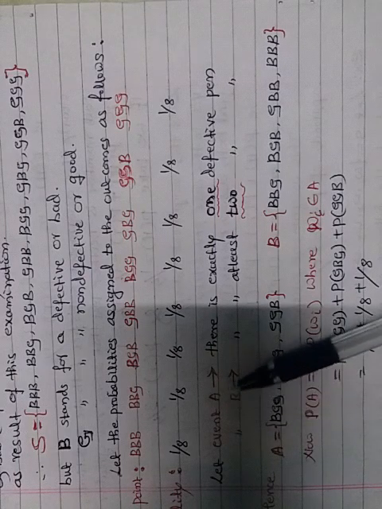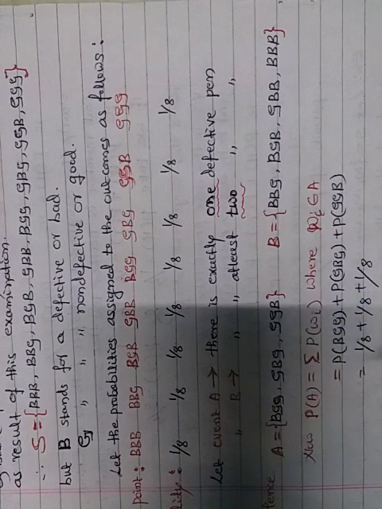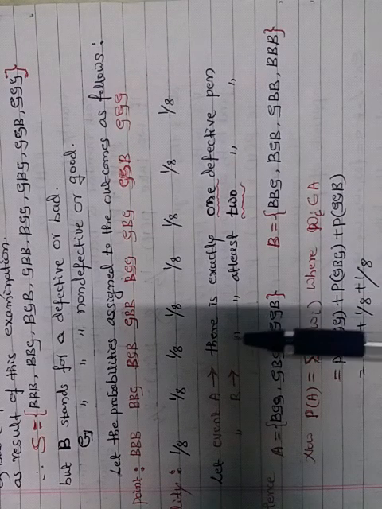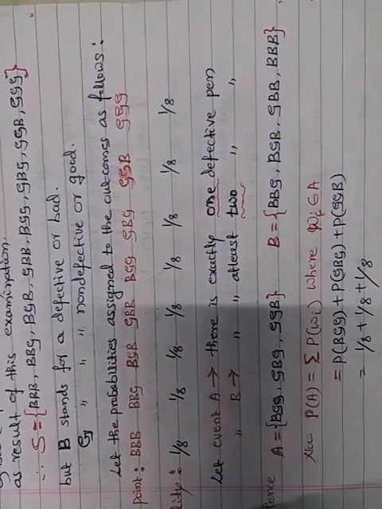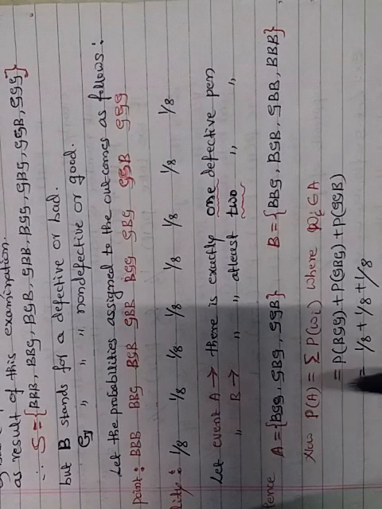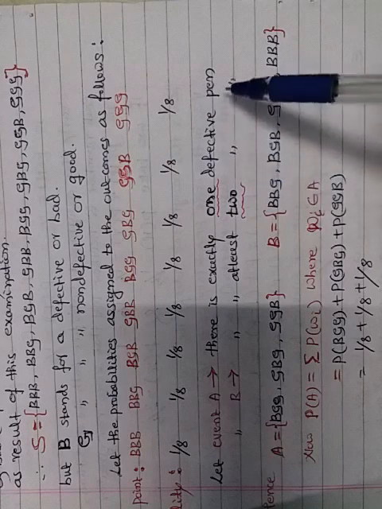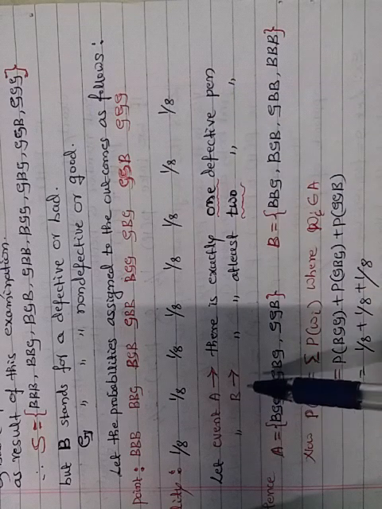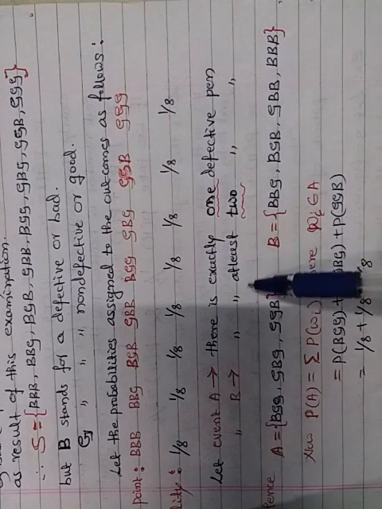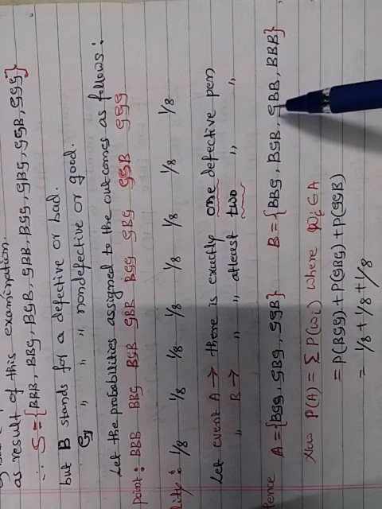Let the events be defined here. Let event A imply there is exactly 1 defective pen, and event B imply there are at least 2 defective pens.